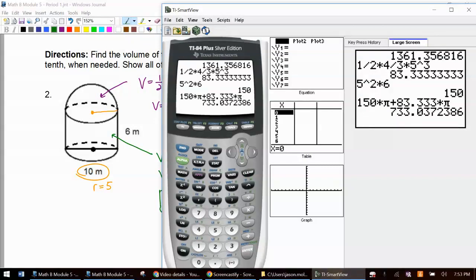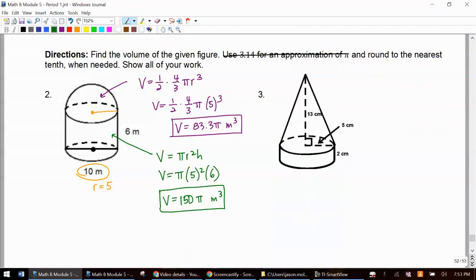And we get an answer of 733 point, and that's going to stay a 0. Meters cubed. All right, that's our answer.